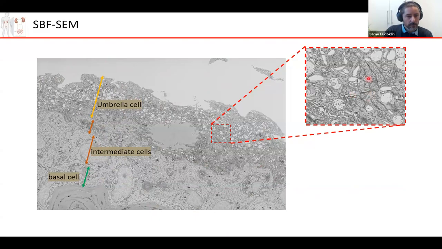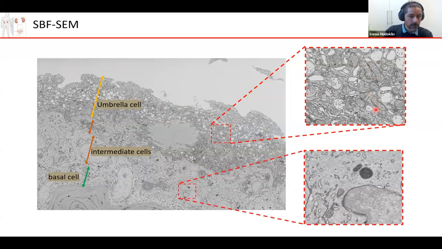And then when you zoom in, you see, let's say, mitochondria being quite dense in the umbrella cell. But if you go down to the intermediate or basal cell, the cytoplasm is much more empty. And then we did some reconstructions.